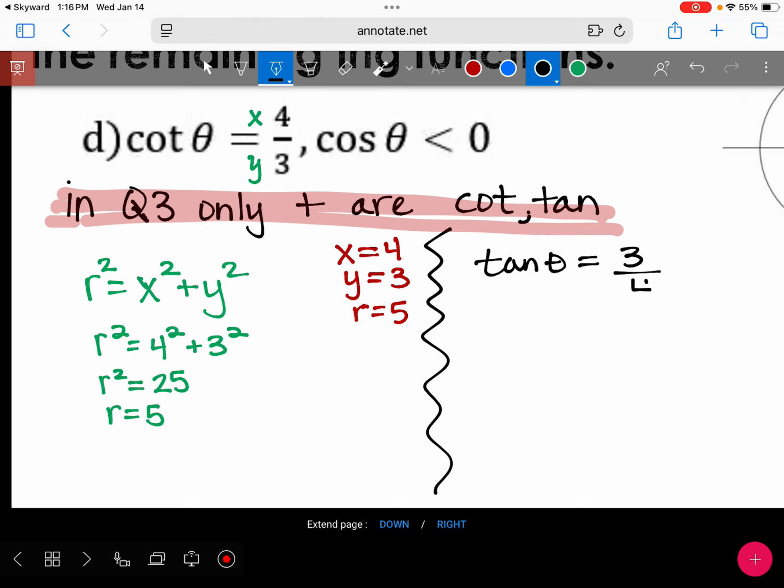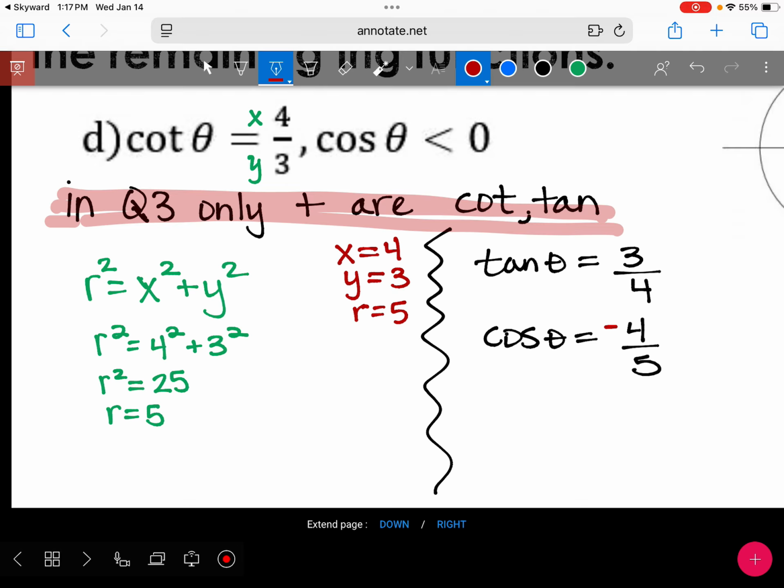All right, now let's move on to cosine. What is cosine? X over what? R. X is 4, R is 5, so this is 4/5. But we have to make it negative though, because we're in Q3.